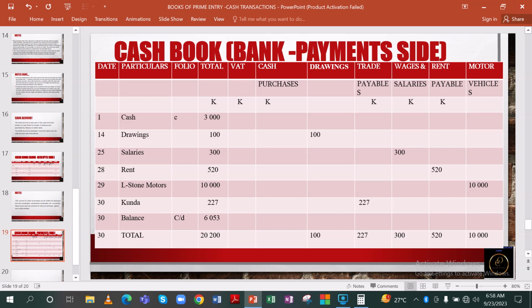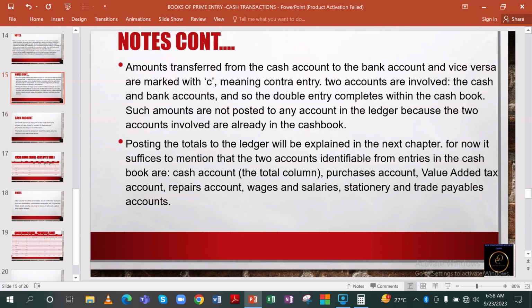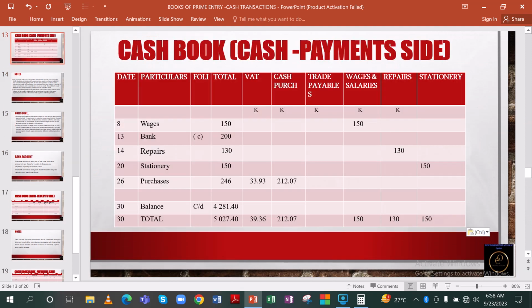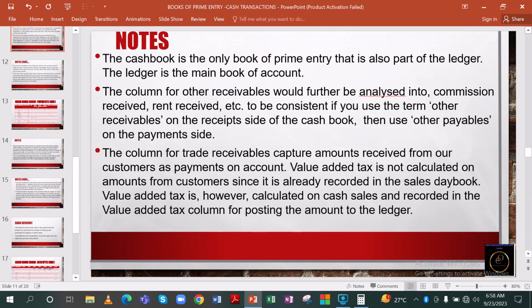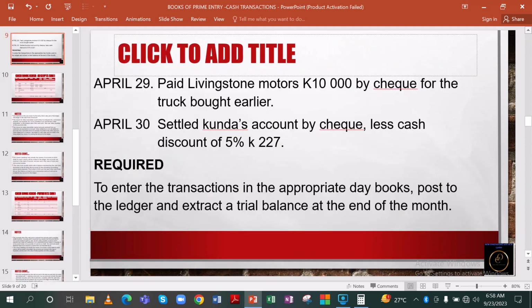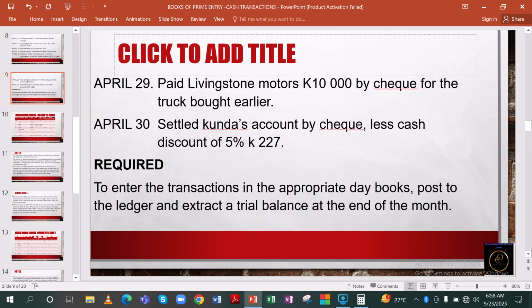Then let's look at the next transaction. What happened on the next transaction? The next transaction took place on the 29th of April.